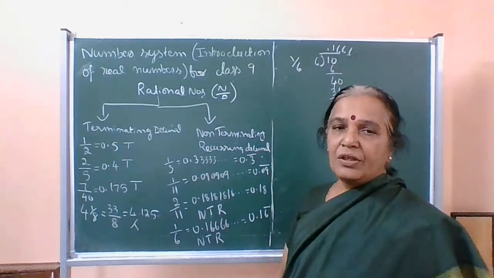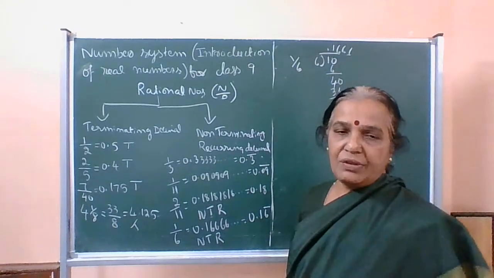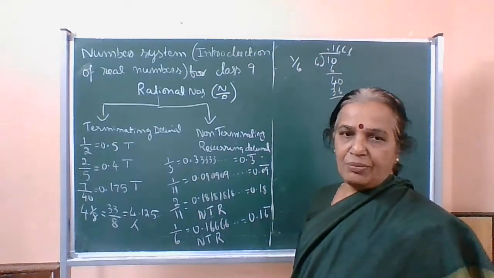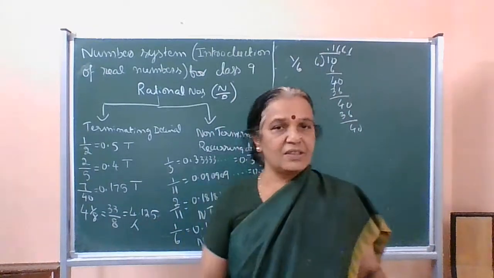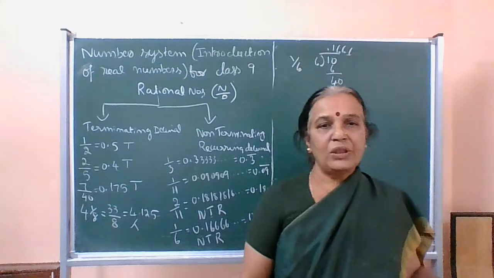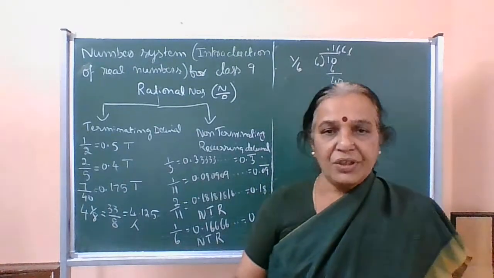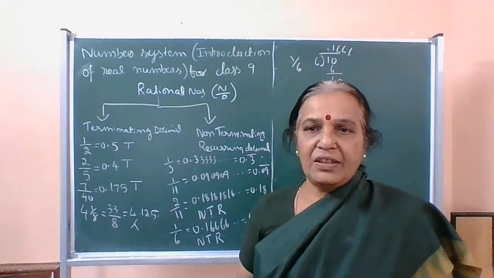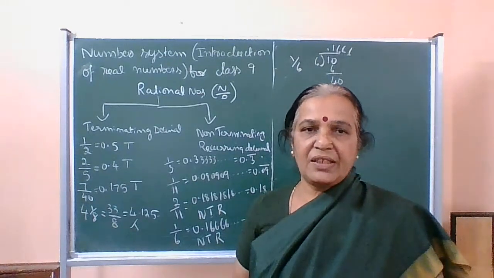When you divide, the process of division came to an end. Here the process of division did not come to an end. These questions will carry only 1 mark. Therefore, you don't have to divide and find out whether it is a terminating or repeating decimal.